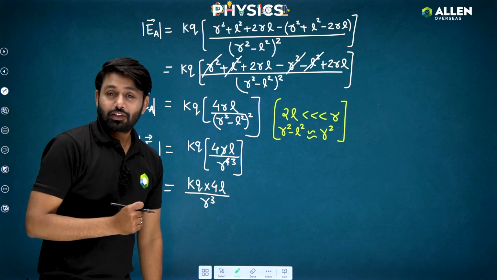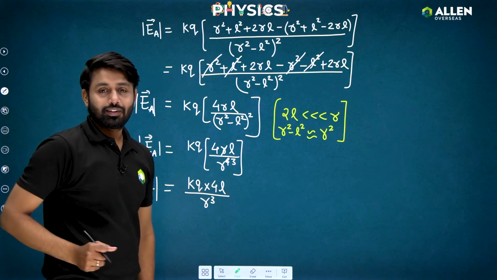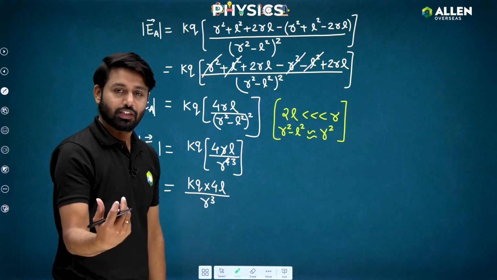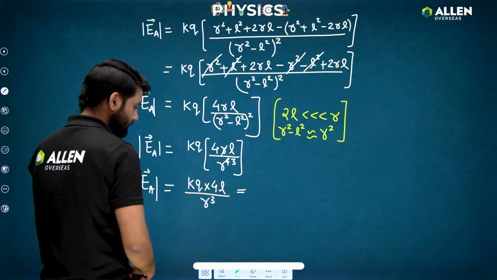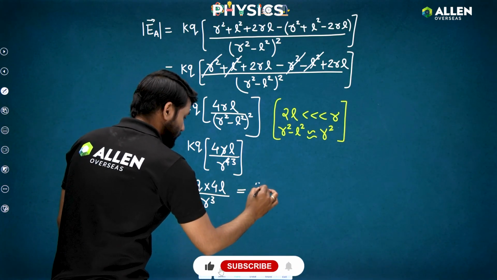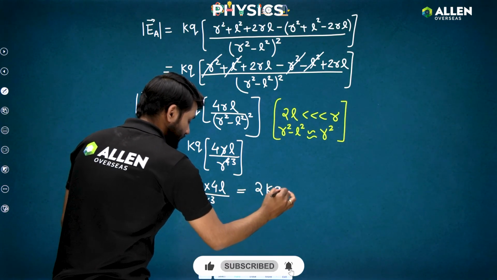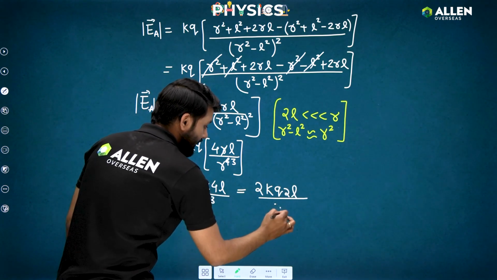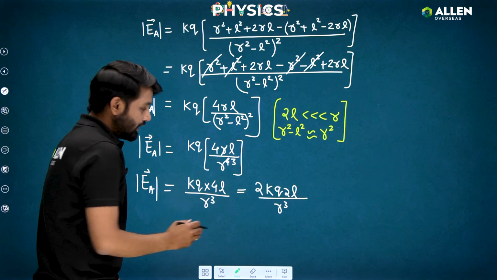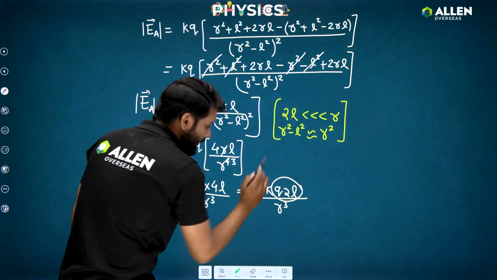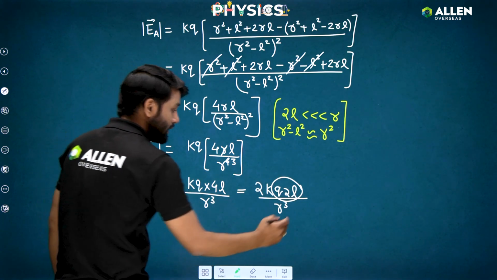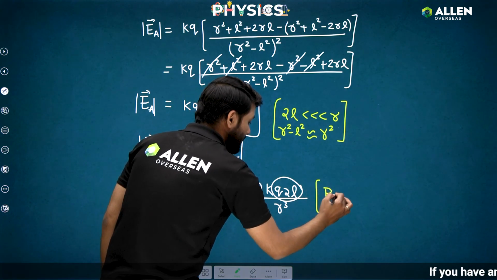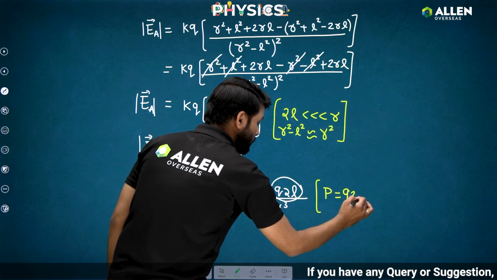Sir, dipole moment is given. Can we write this formula in terms of dipole moment? Yes. Just see here. I am writing this like this, 2KQ into 2L divided by R cube, right? You can say, sir, Q into 2L is our dipole moment, so P is Q into 2L.